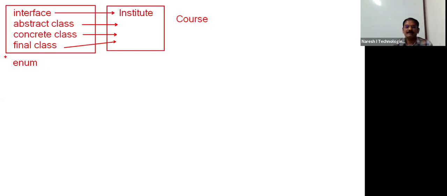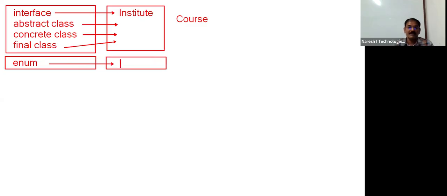So if you want to represent the named constants of an object, we have enum. For example, if you want to create a course, what concept do I have to use? Enum.